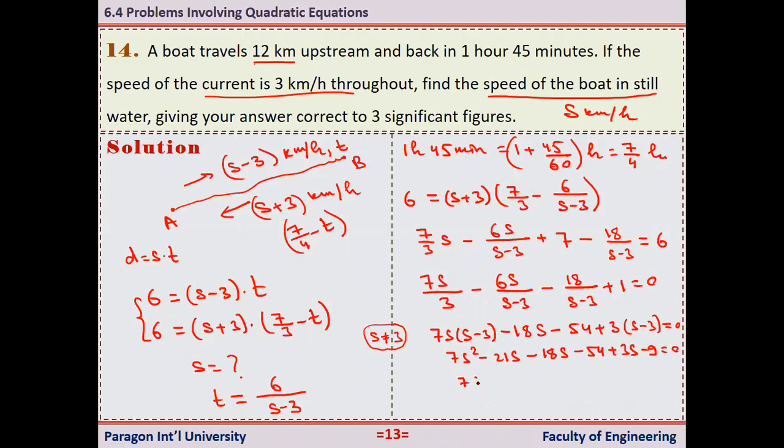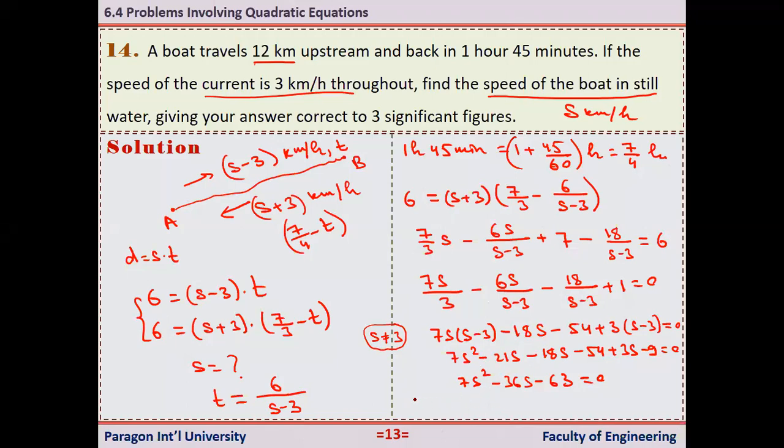So 7s squared, then minus 21s minus 18s plus 3s is minus 36s, and minus 54 minus 9 is minus 63, equal to 0. All right, from here we can evaluate our discriminant and solve the equation. You have the formula, you know how to solve this equation.